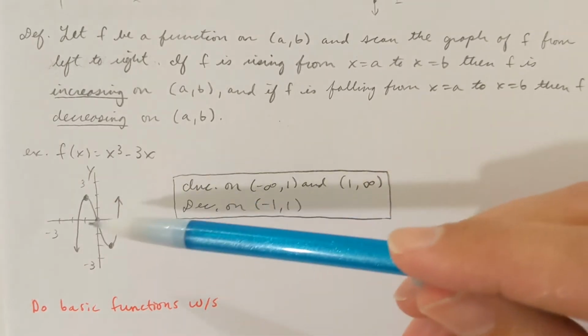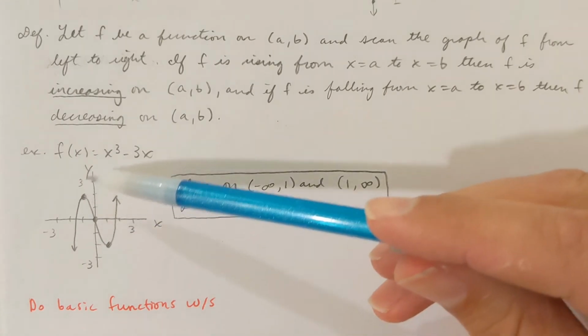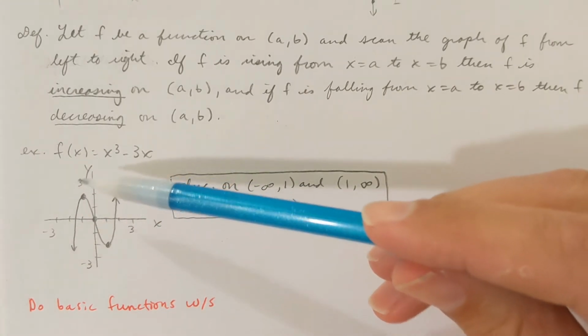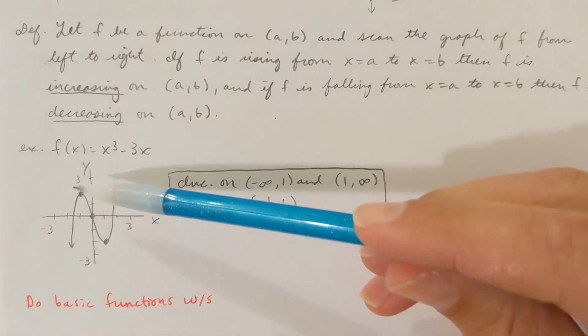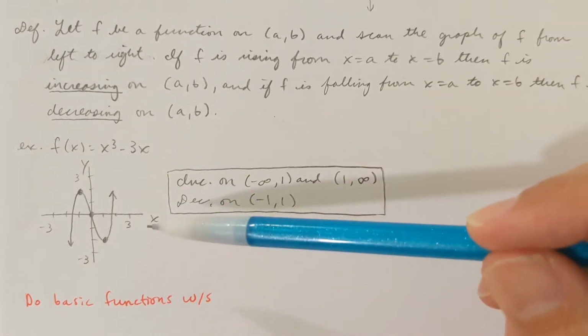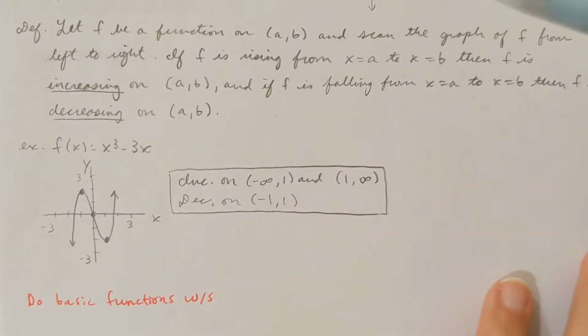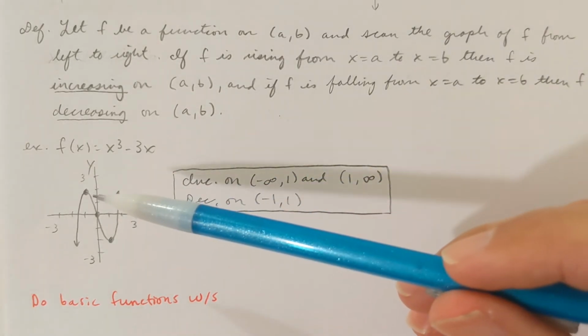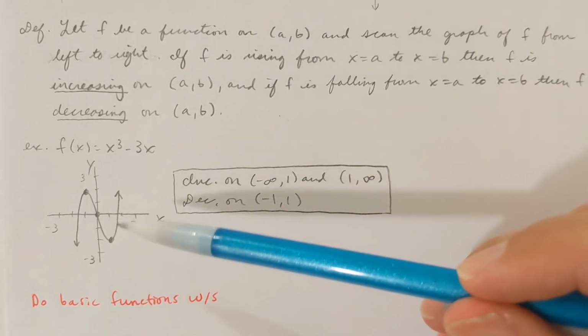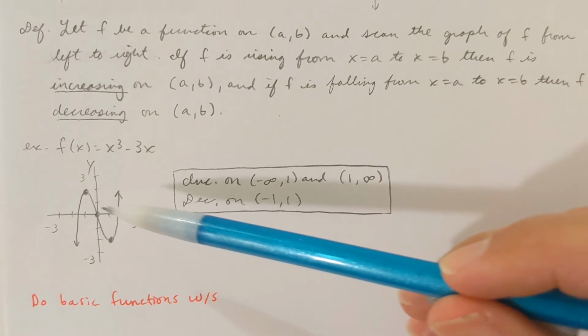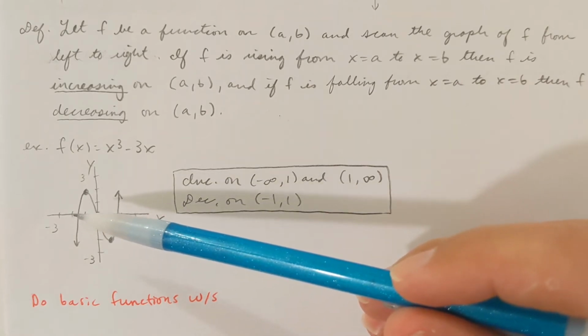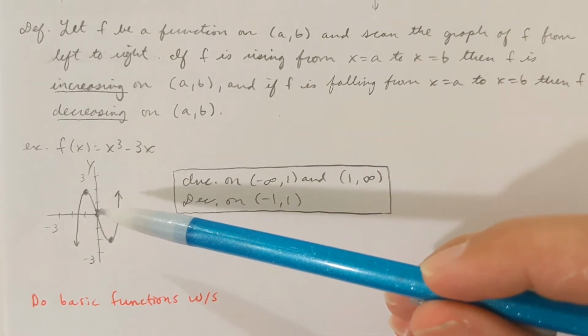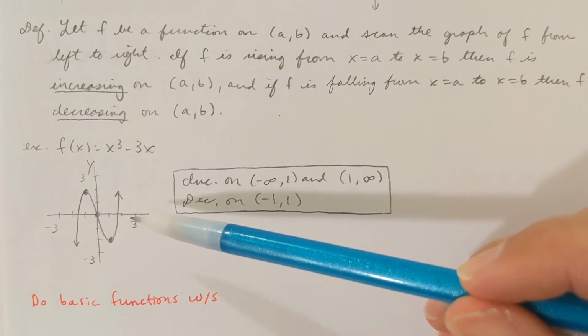Okay, and again, a positive slope means that you're slanted this direction, and a negative slope means that you're slanted in the negative direction. Okay, so anywhere that is less than negative 1 and bigger than 1, it looks like, if I scan the graph from left to right, I'm going to be increasing on that part of the graph.